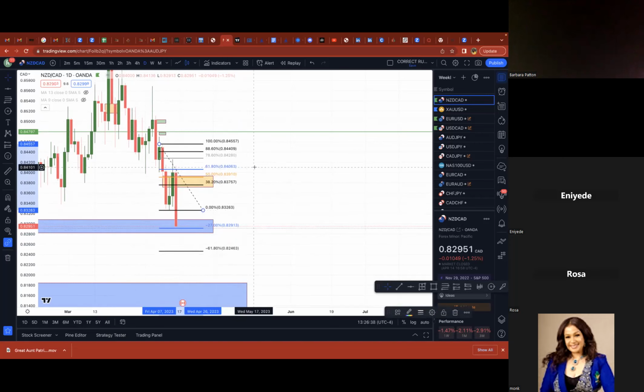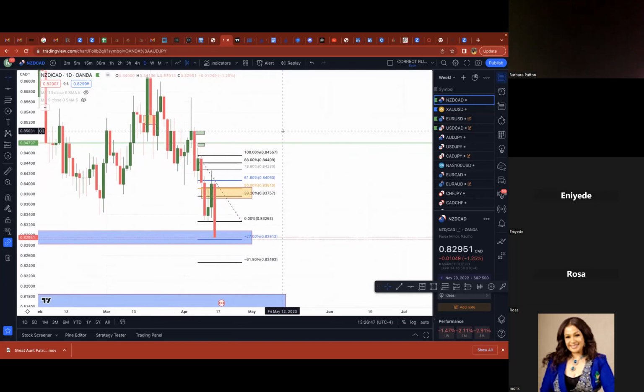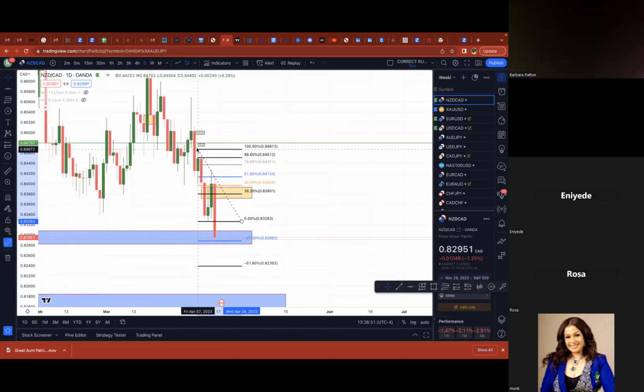That's how I would normally fib it. But I think when the pullback happened, we were expecting you to go from the bottom where you have the zero. This one? Mm-hmm, expecting you to go from there.